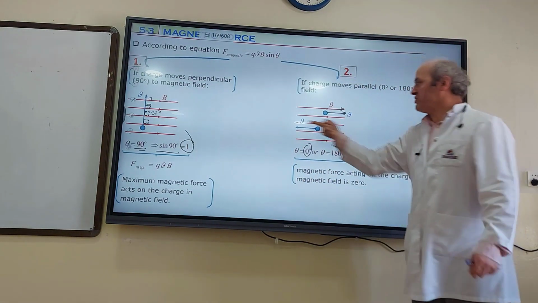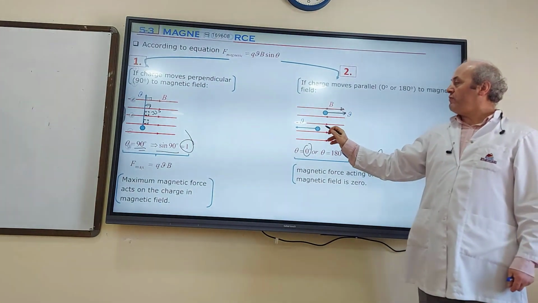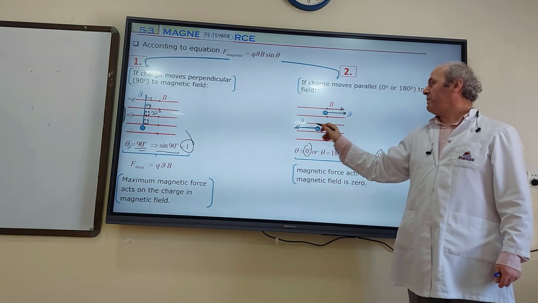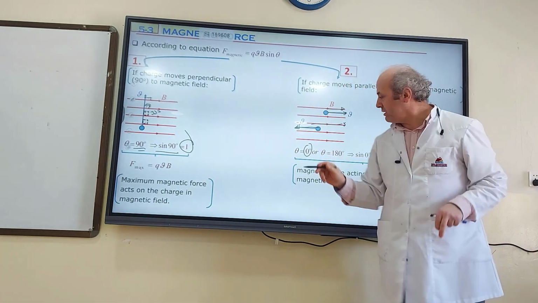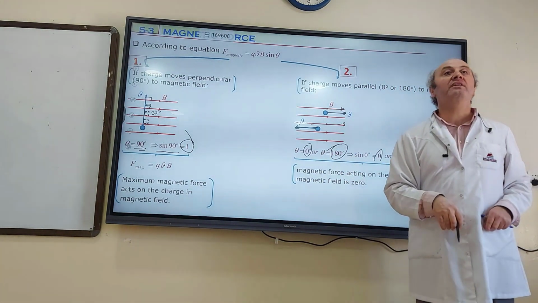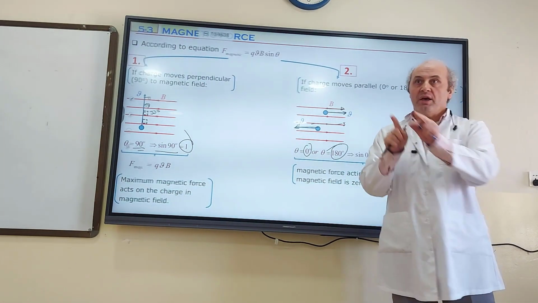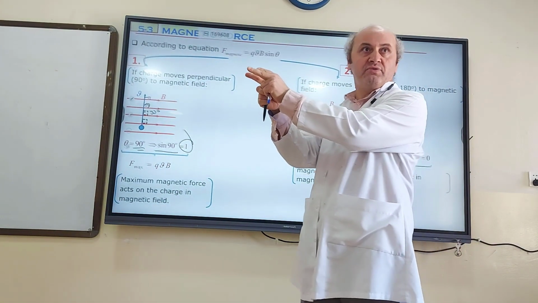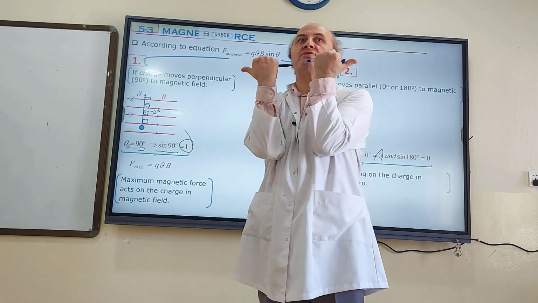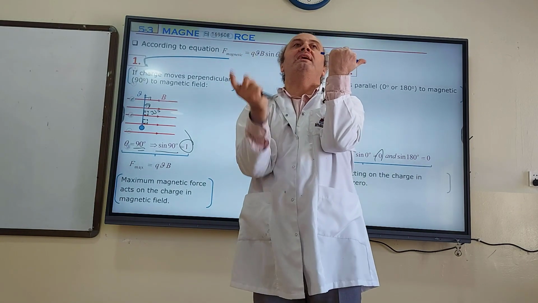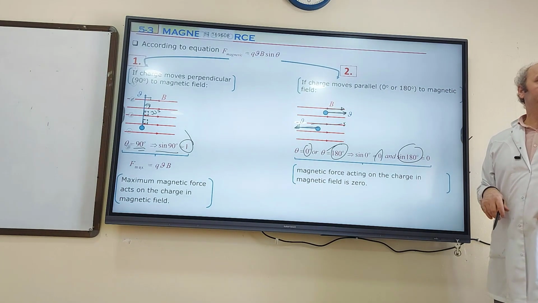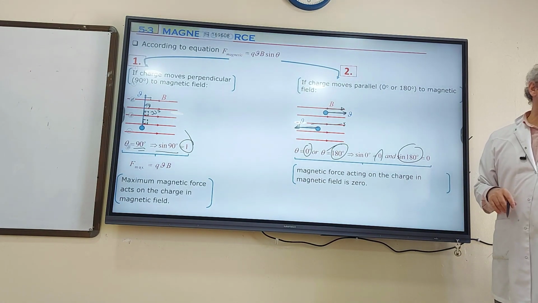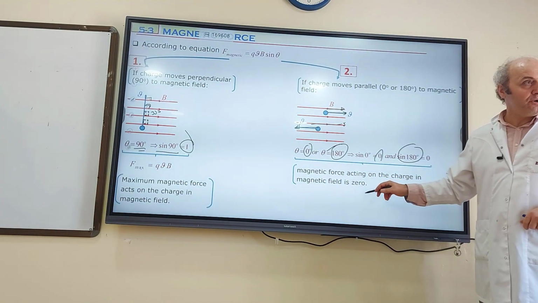What about the opposite direction? Velocity is to the left, B is to the right. Oppositely directed vectors, the angle between them is 180. Don't forget this: if two vectors are in the same direction, the angle between them is 0. If two vectors are in opposite directions, the angle between them is 180. Sine 180 is also 0. That's why the magnetic force is 0.